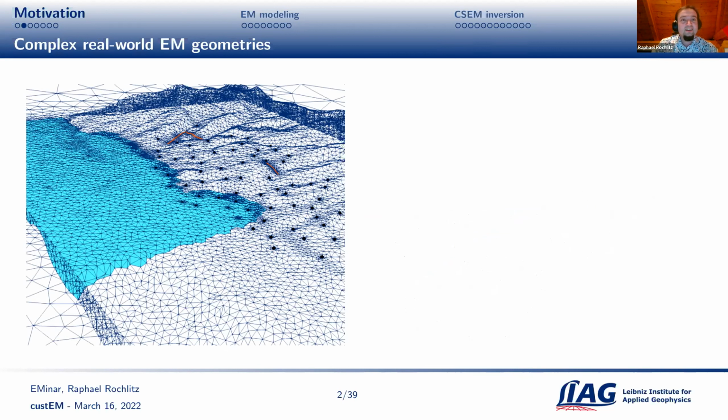We have spent the efforts on implementing custEM for these more complex and real-world electromagnetic geometries. So for instance, on the left-hand side, we see a model which is in a coastal area. It involves a water layer, bathymetry, topography, multiple receiver stations on the mountains and the water with elongated transmitters.